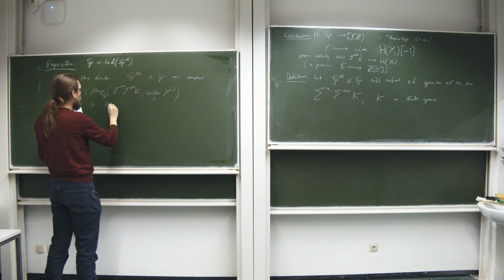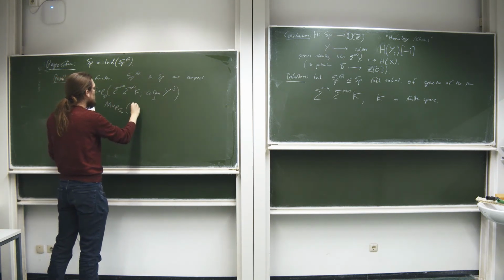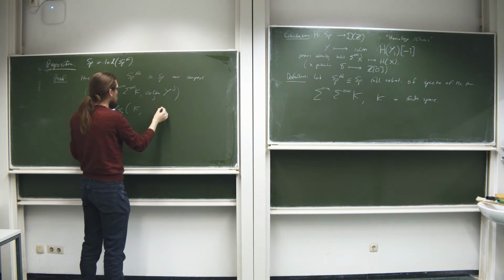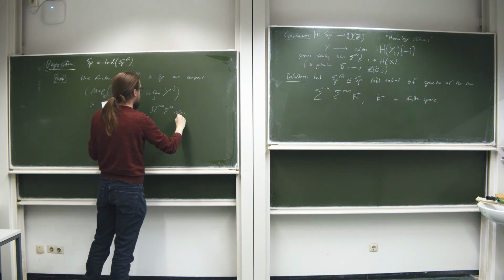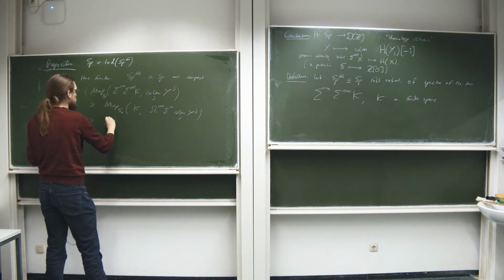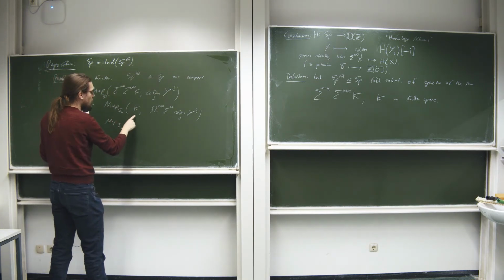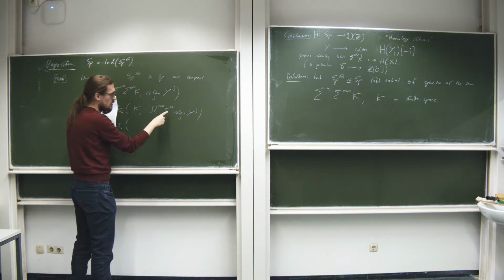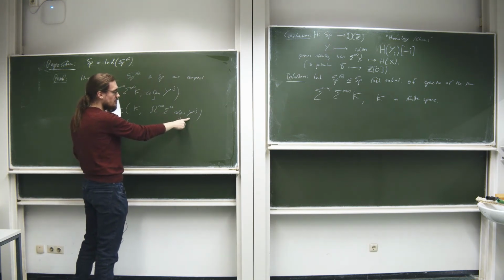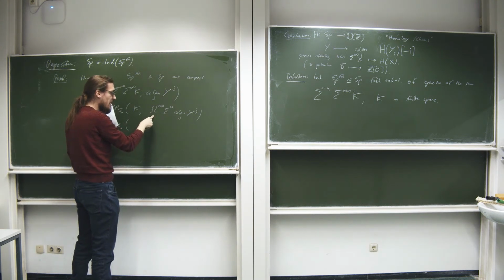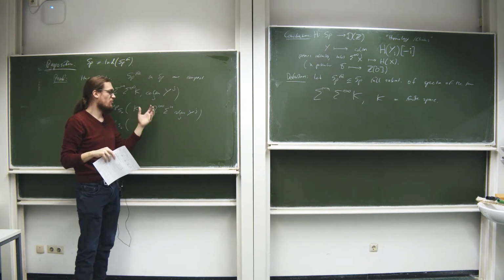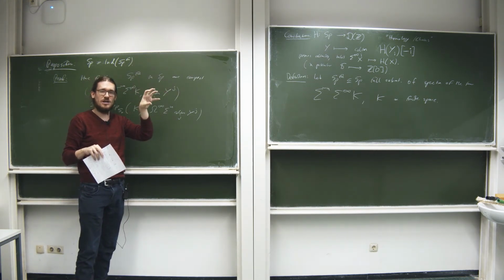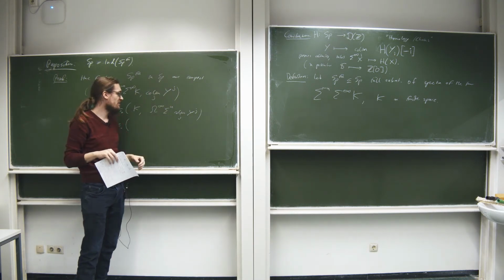This was maps in spectra, but this is the same as maps in pointed spaces from K to Ω^∞ Σ^n colim Y^j, and then this is the same as maps from K to colim of Ω^∞ Σ^n Y^j, because you can commute the Σ^n past colimits, and you can commute the Ω^∞ past filtered colimits, because filtered colimits of spectra are taken pointwise on the underlying spaces, meaning they commute with Ω^∞.